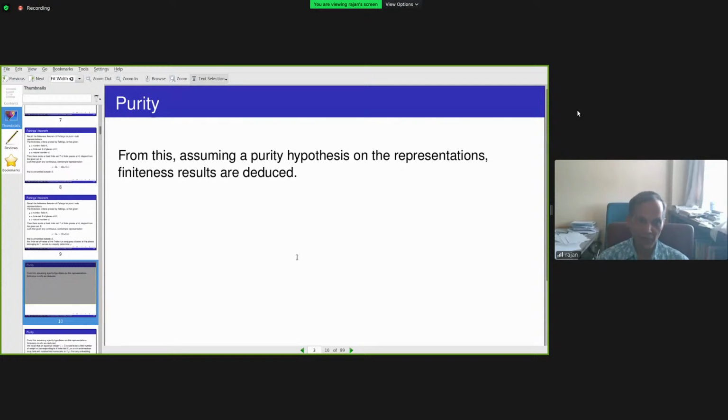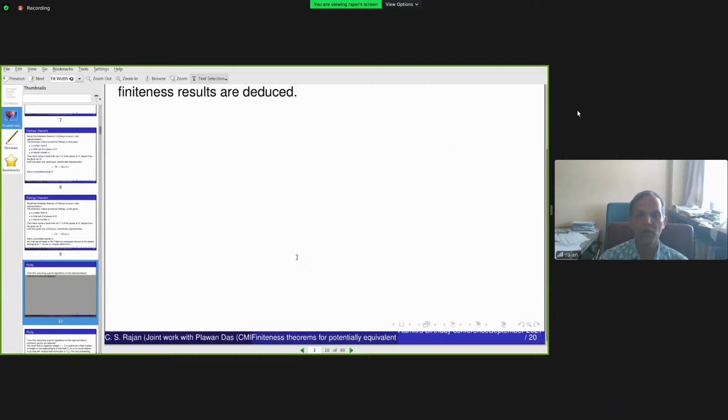Now, if you assume a purity hypothesis on the representations rho, then you can deduce some finiteness results. So let me recall the notion of purity.